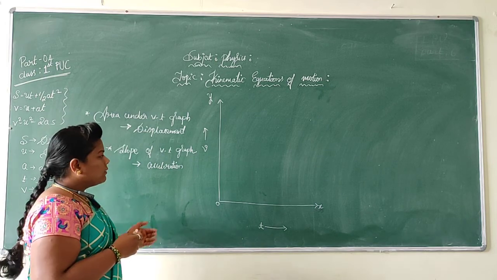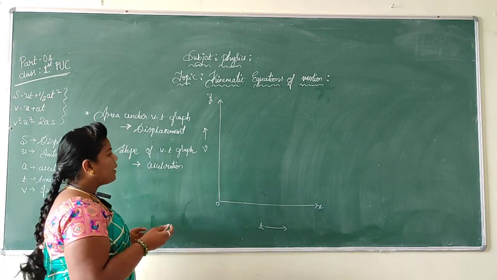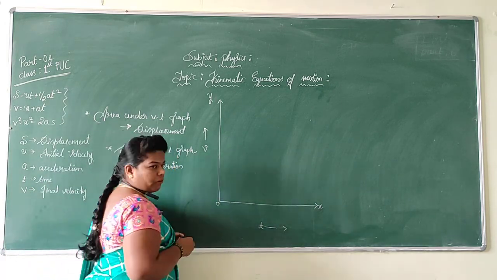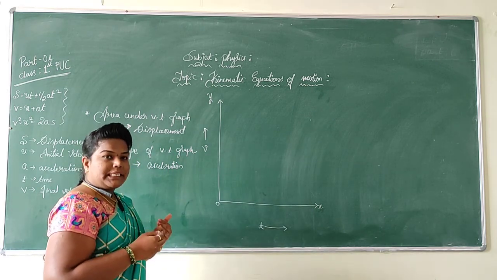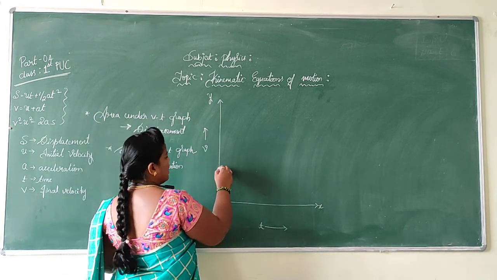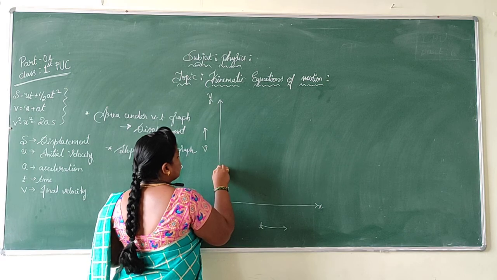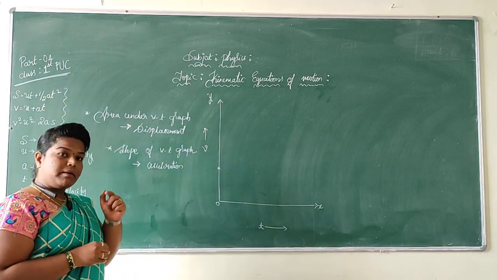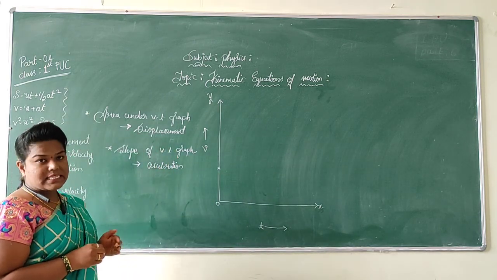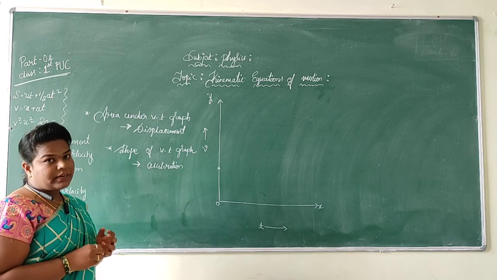Now, observe that the object is moving from point A to point B with some initial velocity. In the previous class I showed you two different graphs.